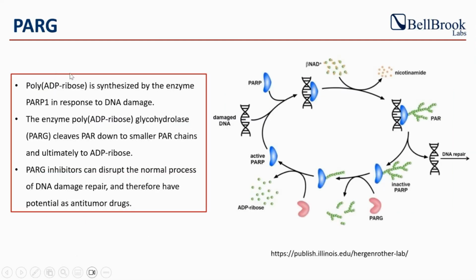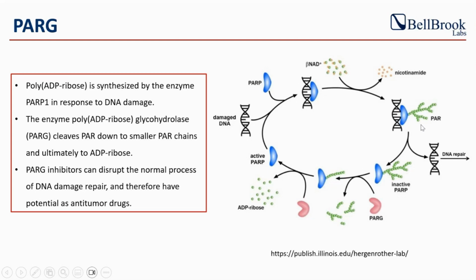For the case of PARG, it is poly-ADP-ribose glycohydrolase. It works together with PARP1. As DNA gets damaged, PARP synthesizes poly-ADPR on itself or on other proteins. PARG acts as the reverse process by removing the poly-ADPR from PARP1 and then further chopping it down into ADPR.